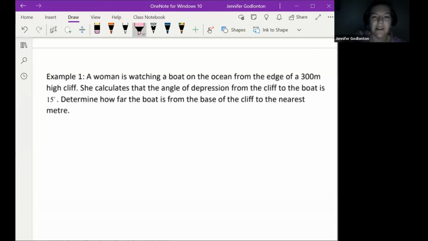Okay, important lines here. A woman is watching a boat on the ocean from the edge of a 300 meter high cliff. She calculates that the angle of depression from the cliff to the boat is 15 degrees. Determine how far the boat is from the base of the cliff.